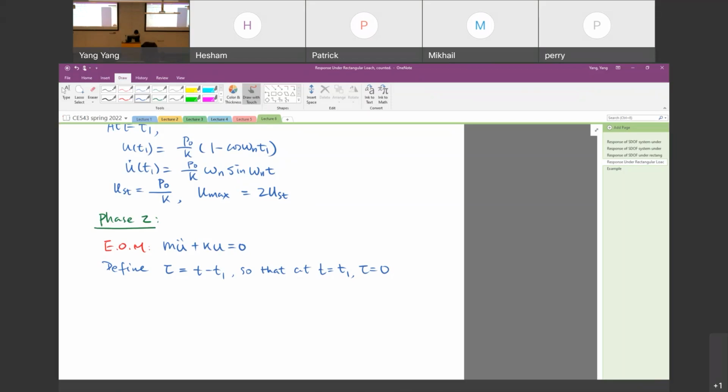So we should be able to write down the free vibration. And we already know the free vibration equation.